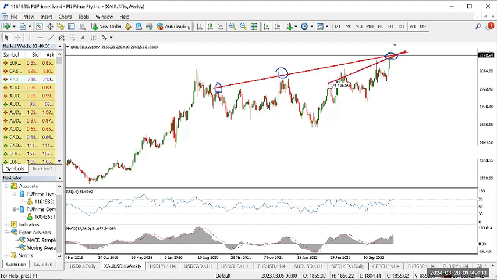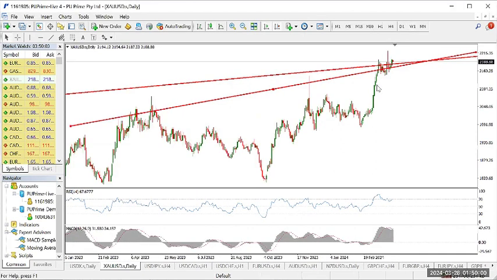Now, what this is telling us is that since price is trending higher in this fashion, this region could also act as a kind of resistance, which could lead potentially to a bearish movement on gold. So here we're looking at a possible bearish movement based on what we can see with the trend lines on the weekly time frame.